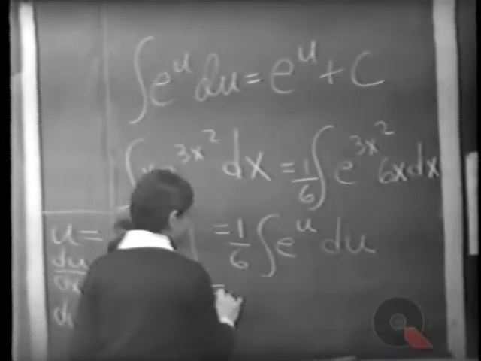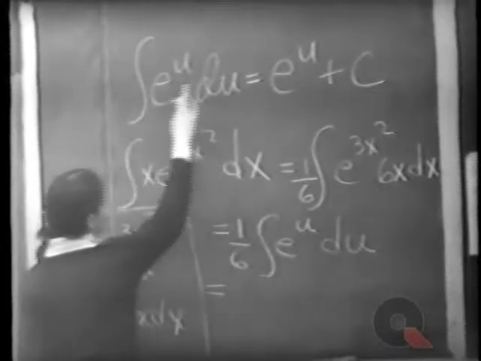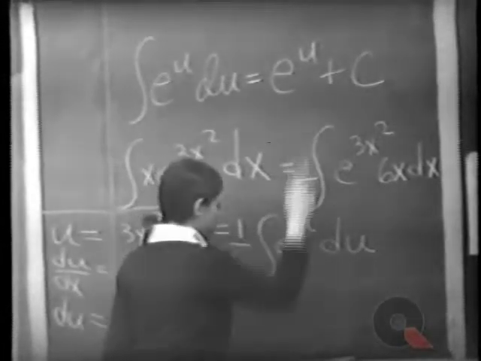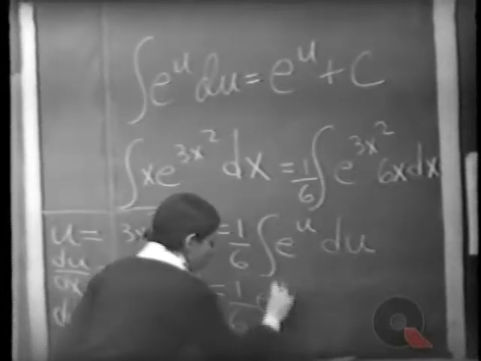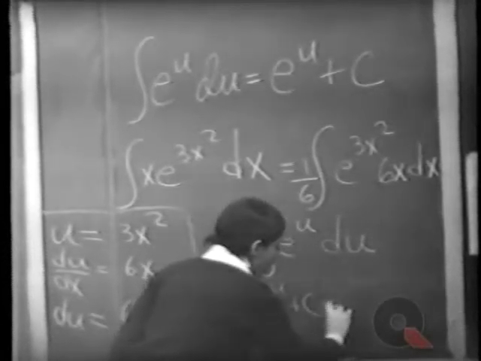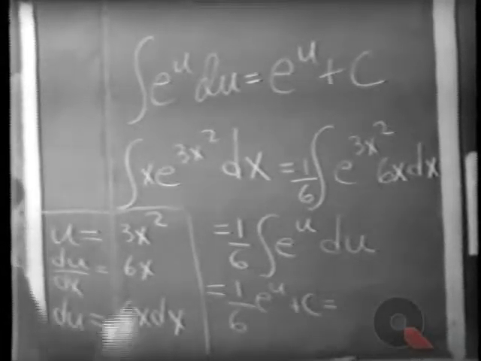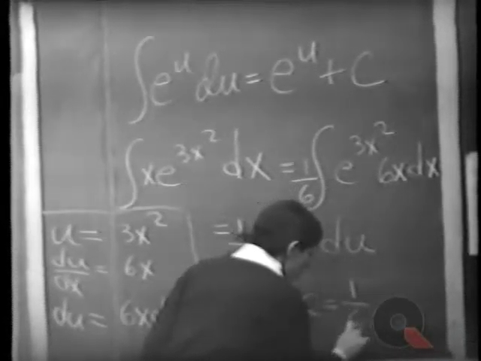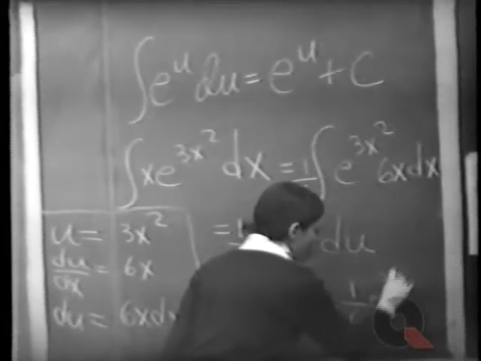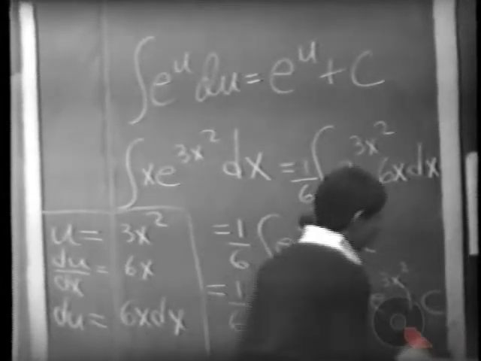And we know that to integrate e to the u du, we simply get e to the u plus a constant. So 1/6 e to the u plus a constant. And going back to the original variable x, by letting u equal 3x squared, we get a final answer of 1/6 e to the 3x squared plus c.